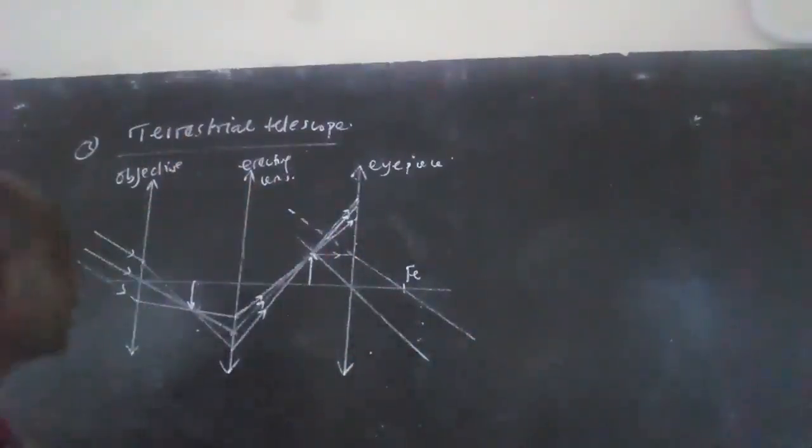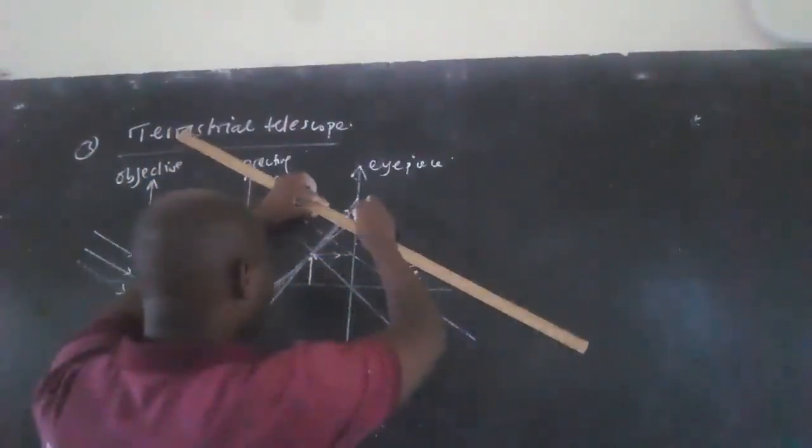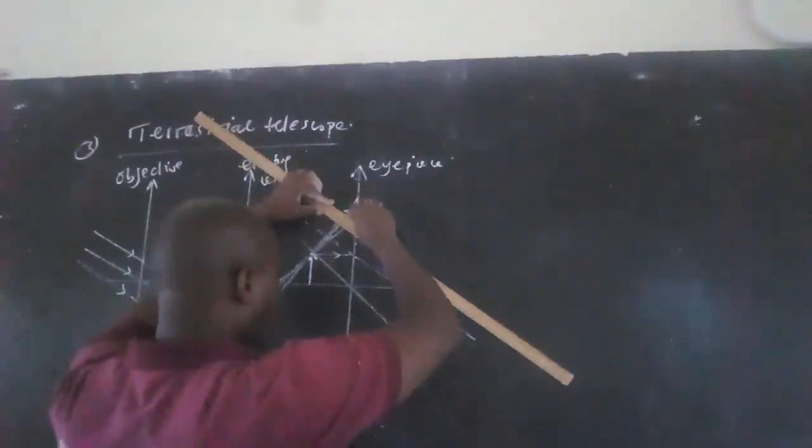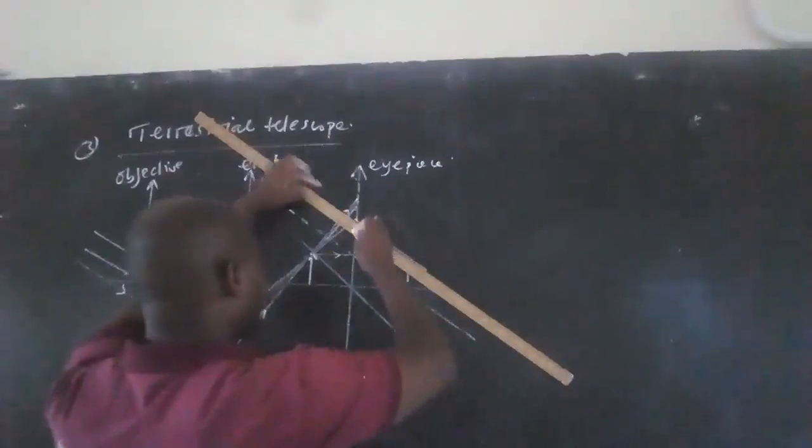But the image is formed at infinity, so we have this refracted ray like this.